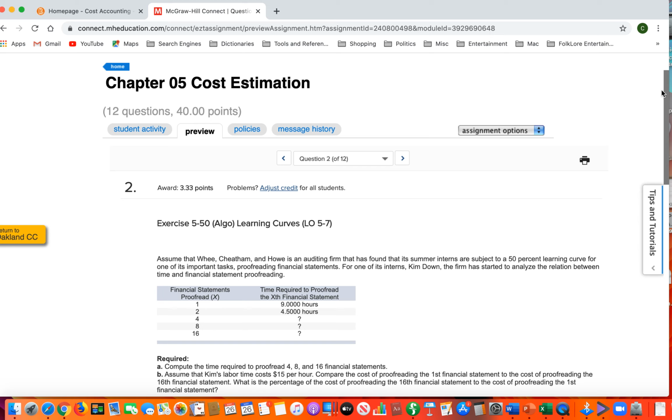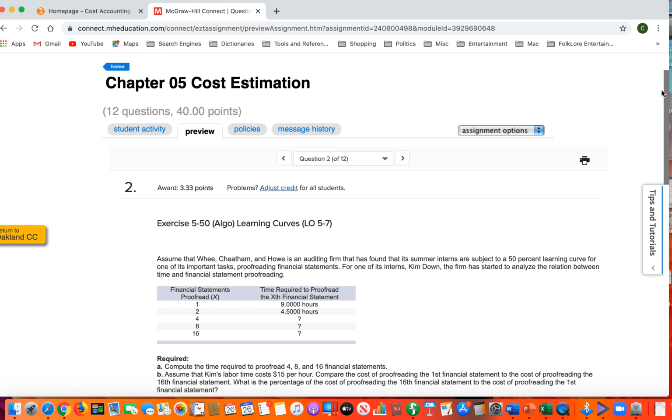Then at the 8th financial statement that you proofread, it is 50% of the previous amount of time. So 50% of 2.2500 is 1.1250.